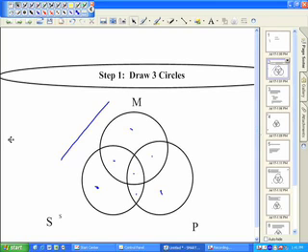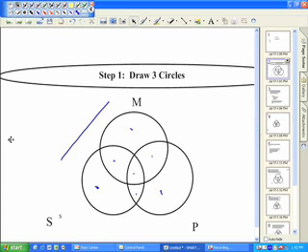So in order to use Venn diagrams for standard form categorical syllogisms, we're going to draw 3 circles. The bottom left circle, S, is going to be the minor term, the subject of the conclusion. The bottom right circle, P, is the major term, or the predicate of the conclusion. And the top circle is going to be M, the middle term.